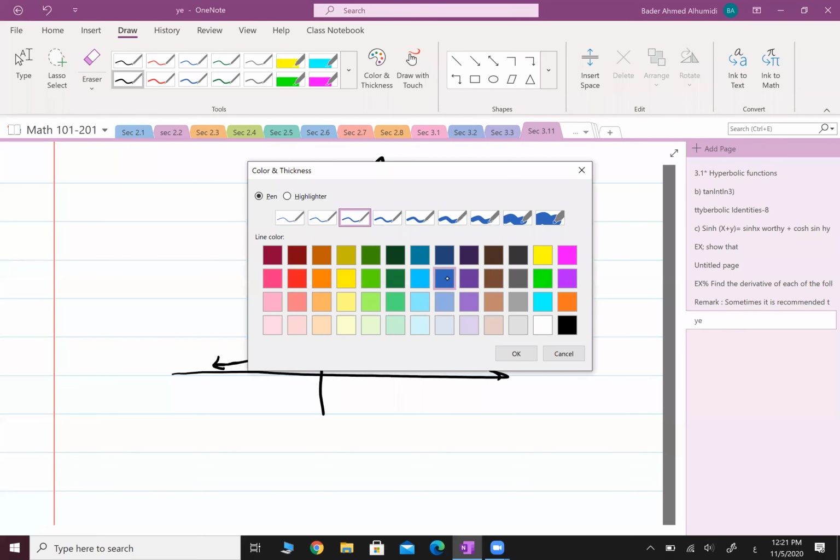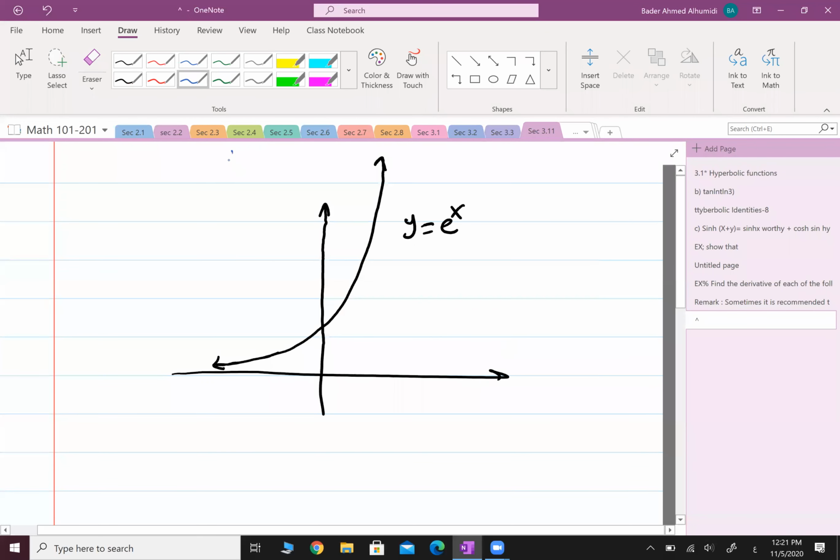And also we have another one that is a decreasing function, 1 over e to the power x. This is the function e to the power minus x. In other words, it is 1 over e to the power x. The base is less than 1. It is decreasing. The other one is increasing.